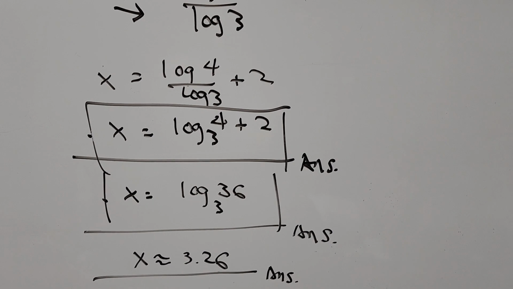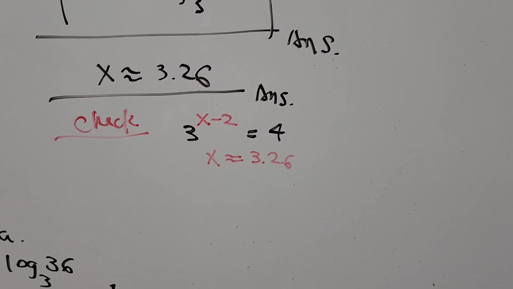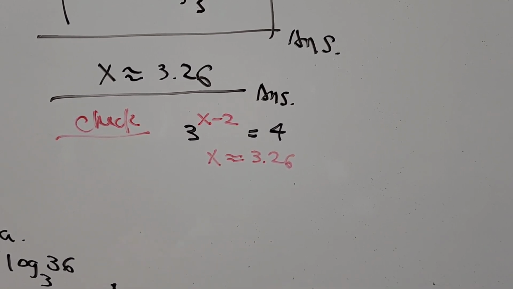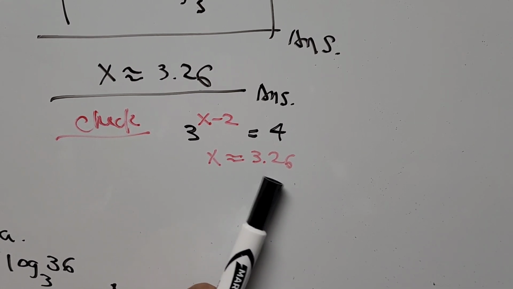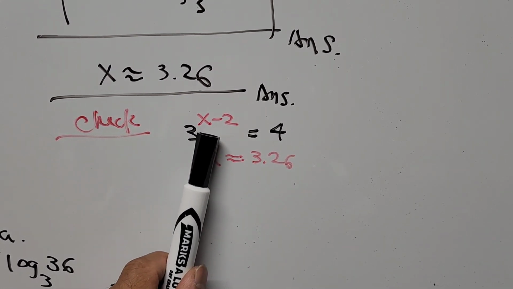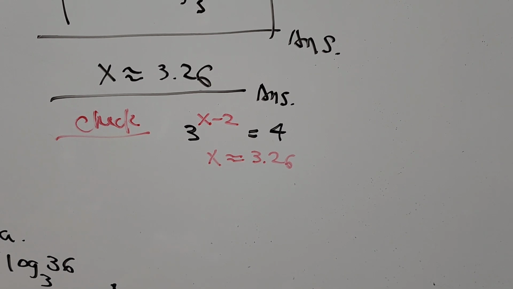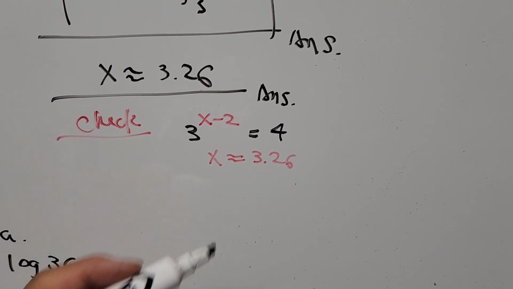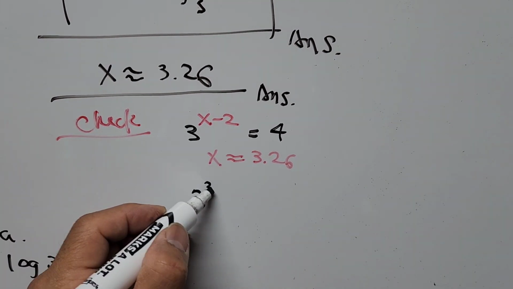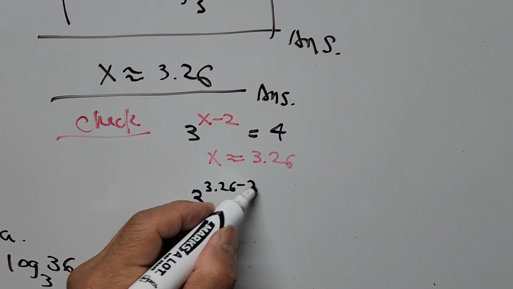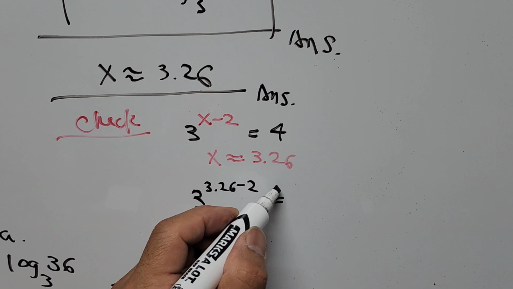So now let's check our answer to verify our value of x, right? To check our answer, we have this original equation, and we're plugging in the value of x that we found, approximately 3.26. So we have here 3 to the power of x minus 2, 3.26 minus 2, and will this be equal to 4?